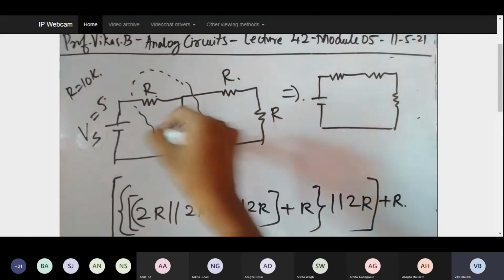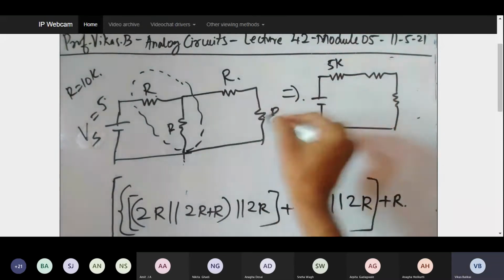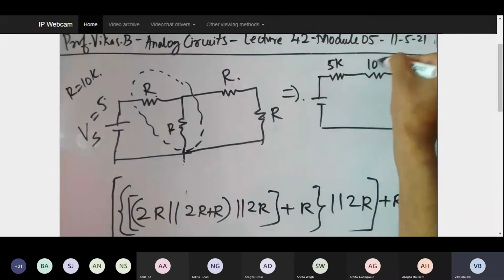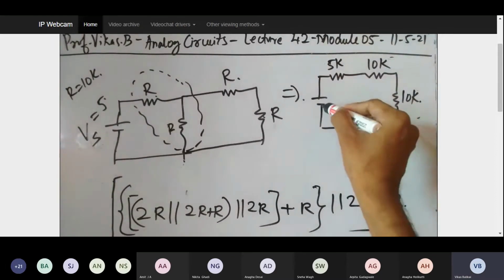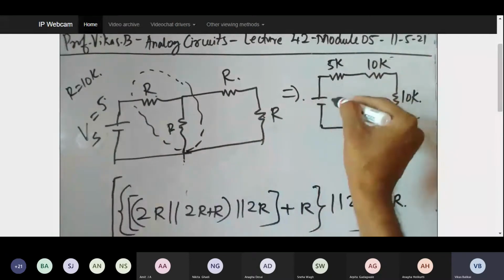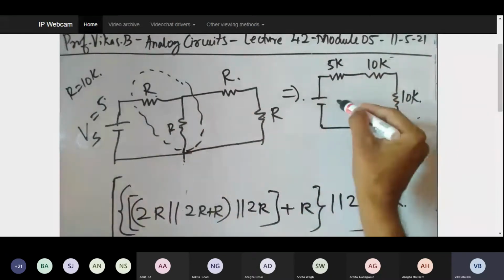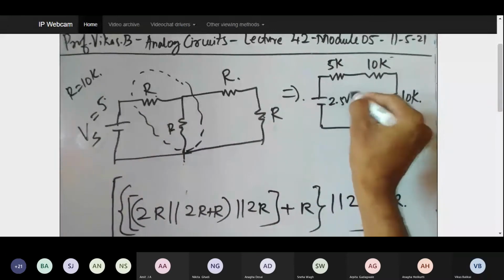It was R by 2, that is, I got it as 5K. And this R and this R intact, 10K. And VTH I have already obtained here. I'll not be keeping this VS. I'll be keeping VTH which I have obtained earlier, which was VS by 2. So I got it as 2.5 volt.